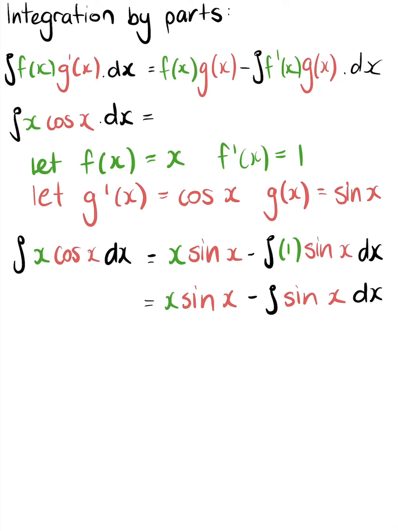And again, we simply use our trigonometric identities, because we know how sine x and cos x work when they're being derived, and we're finding the integral of these. So the integral of sine of x is in fact going to be negative cos of x. So we can rewrite our equation to read x multiplied by sine of x minus negative cos of x.